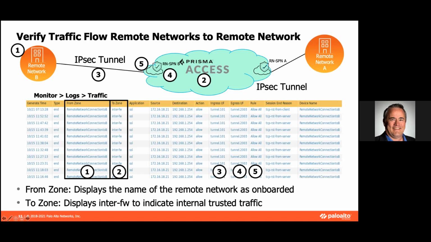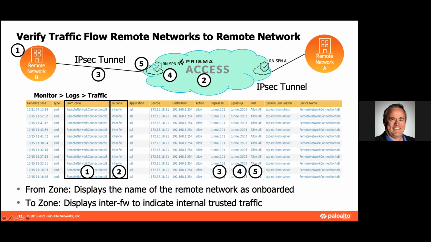If traffic goes outside of Prisma Access, say a user on the ground goes through Prisma Access and goes out to the internet, goes and visits Facebook or whatever, then the to zone, the destination, is going to show untrust.